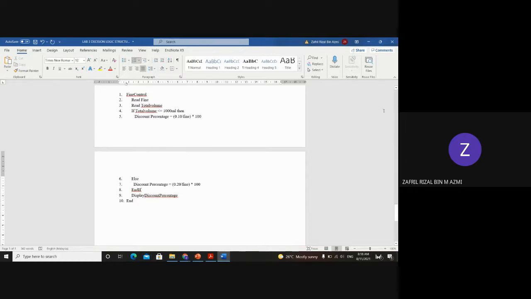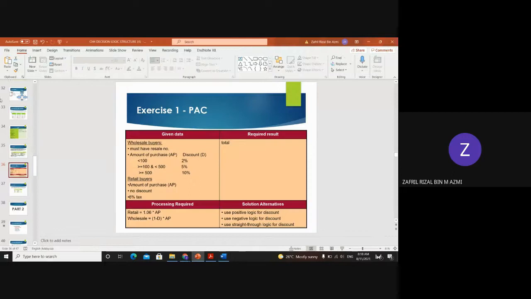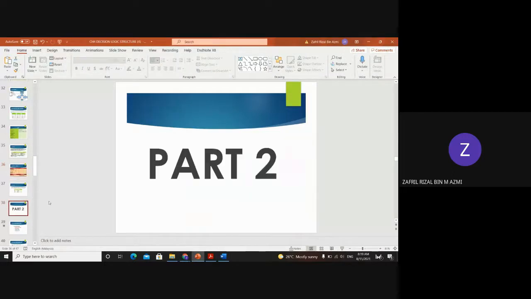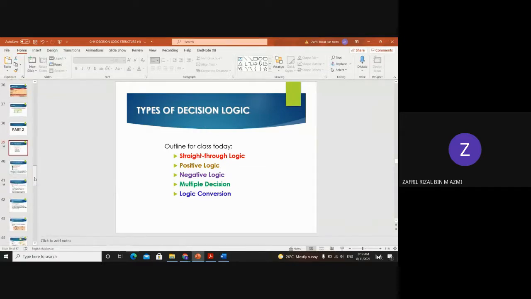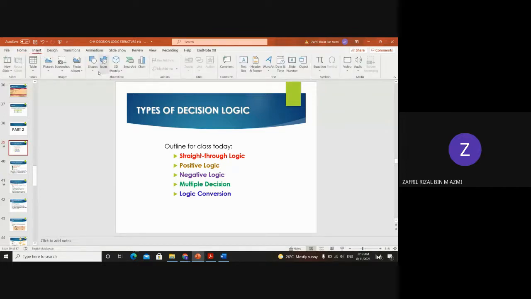Clear. No questions? Okay, then we proceed with part 2. Multi-selection. This is how we write it down. We know multi-selection will involve more than one. If we are using an if-else statement, for sure it will involve more than one diamond symbol.